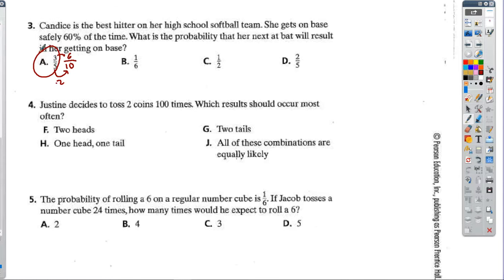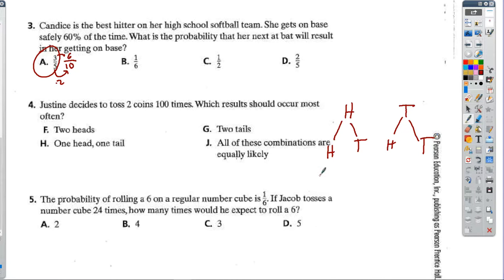Okay, so now we have an actual probability question, not how many options there are, but what are the chances of things happening. So let's make a counting tree for this one. We have 2 coins. Our first coin can be heads or tails. My second coin can be heads or tails.